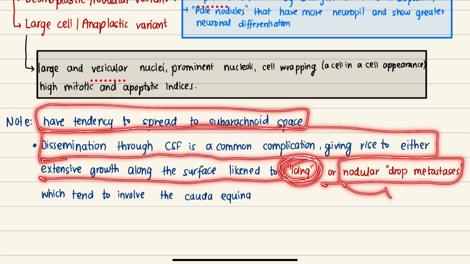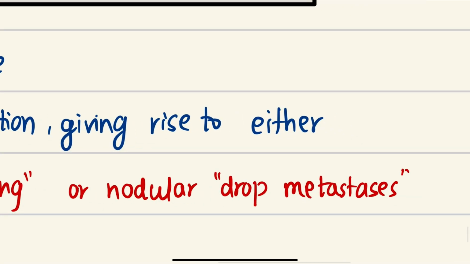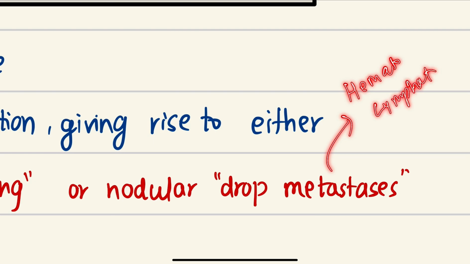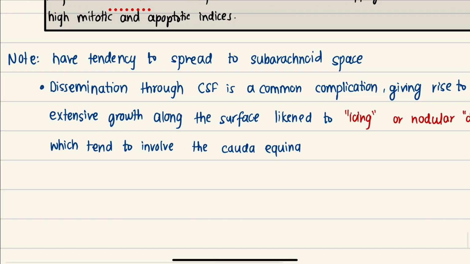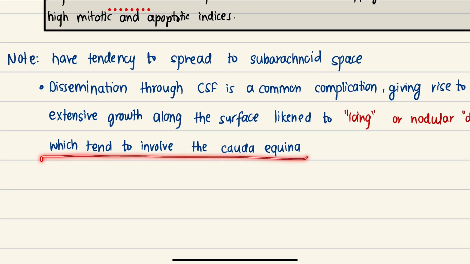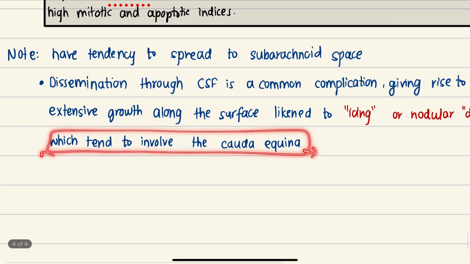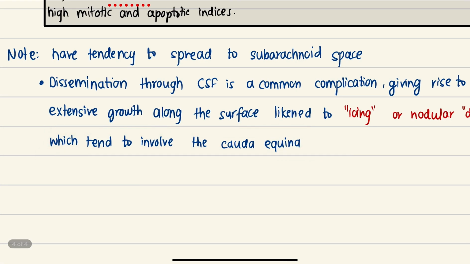So drop metastasis basically. There's no hematogenous spread or lymphatic spread, but the spread is through the CSF, which tends to involve the cauda equina, the lowermost region of the spinal cord. So in some cases we may see this in the spinal cord if the dissemination through the CSF is done.